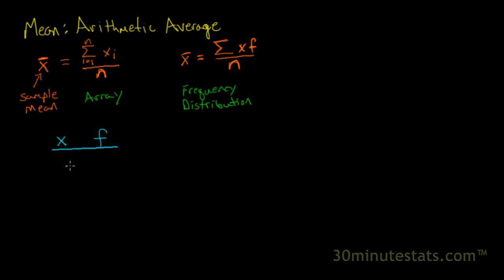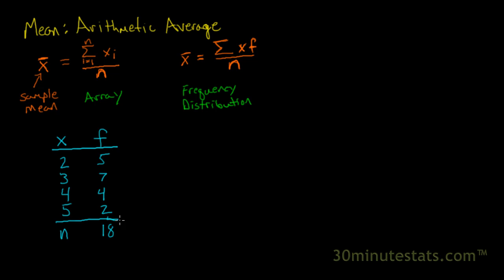We've got values of 2, 3, 4, and 5, and frequencies of 5, 7, 4, and 2. Okay, so our sample size then is the sum of the frequencies. It's 5 and 7 is 12, plus 4 is 16, plus 2 is 18. So we've got a sample size of 18.